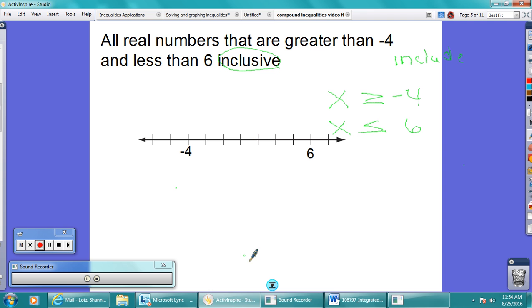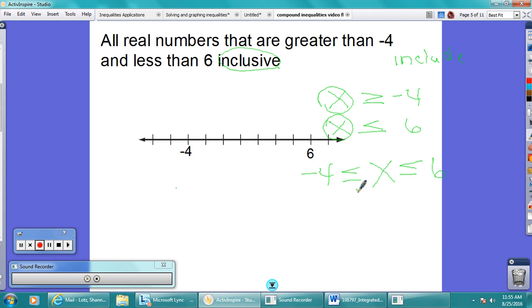Now, here's something new. Since and means in between, watch this. You can write this compound inequality like this. I have my x, right? Greater than or equal to -4, less than or equal to 6.